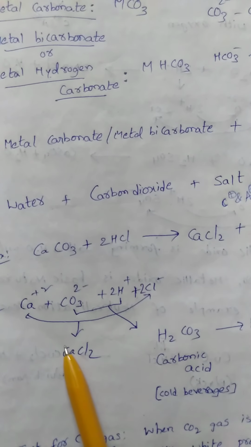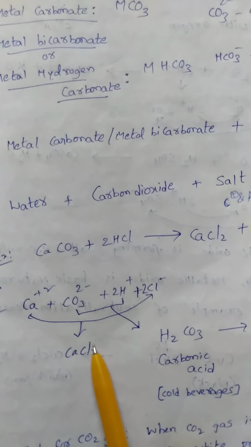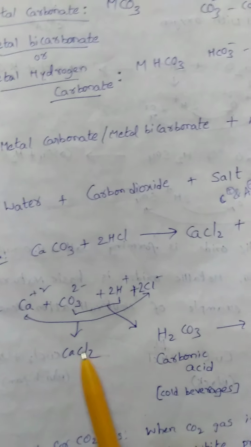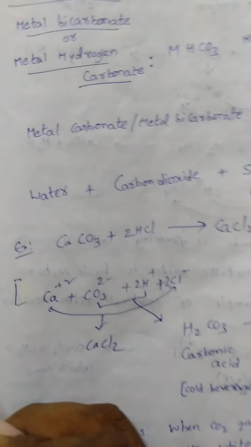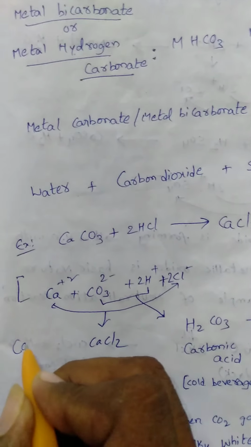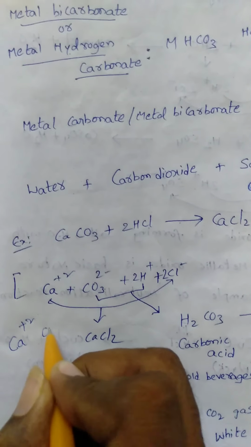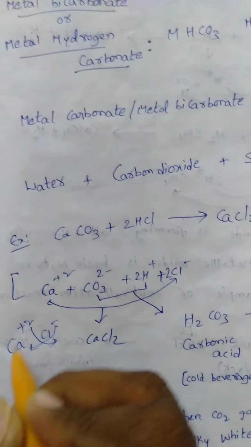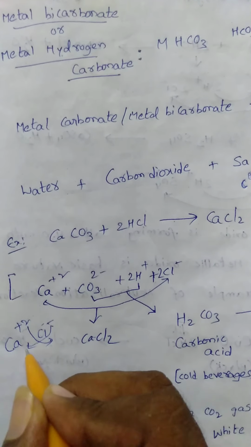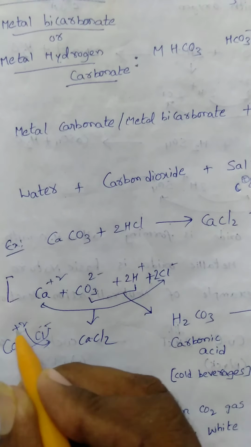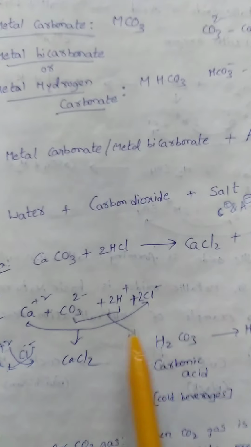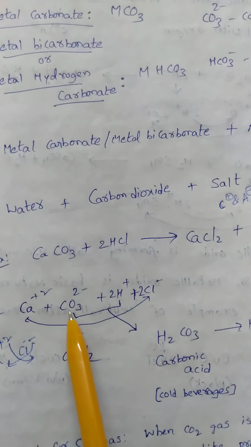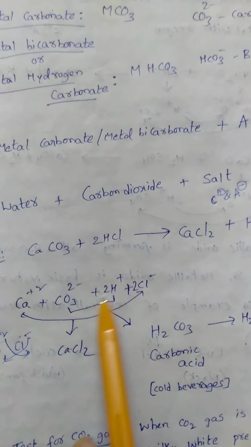So one Ca, but two Cls. Or we can use the crisscross method. Ca plus 2, Cl minus 1. Just crisscross: Ca1, Cl2, like this.